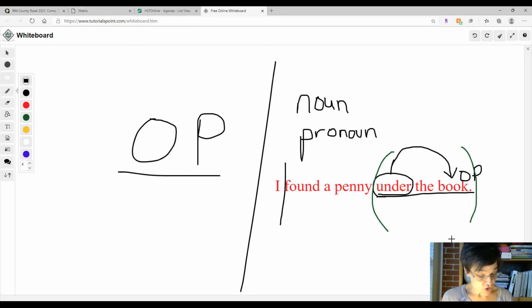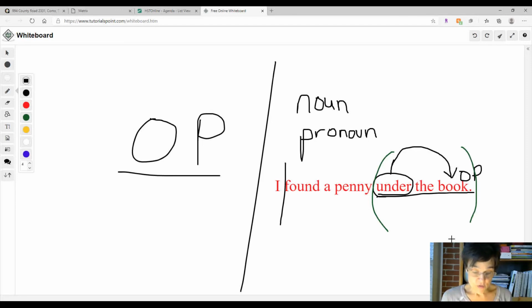Number 4, there's 2 in that one. You should have circled in and underlined room. Then you should have circled to and underlined house. Number 5, you should have circled inside and underlined barns. And number 6, you should have circled for and underlined farmers.